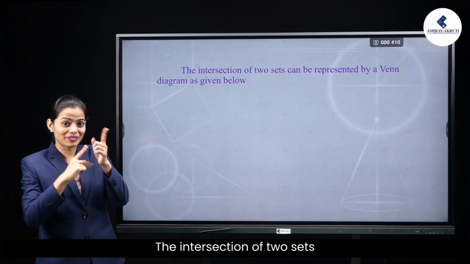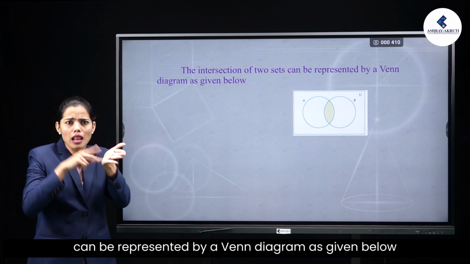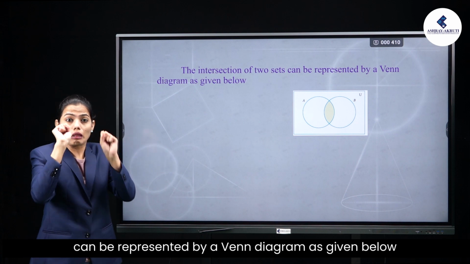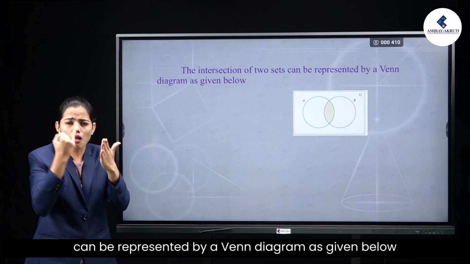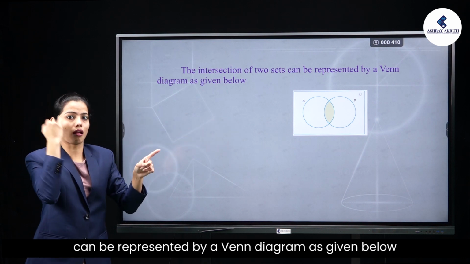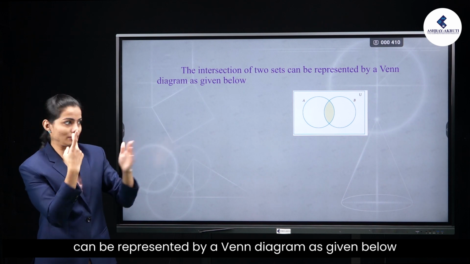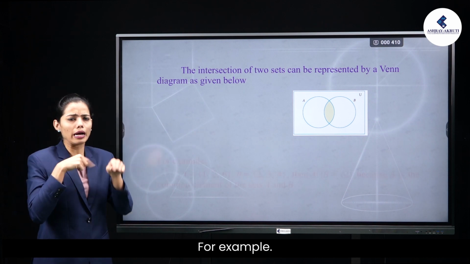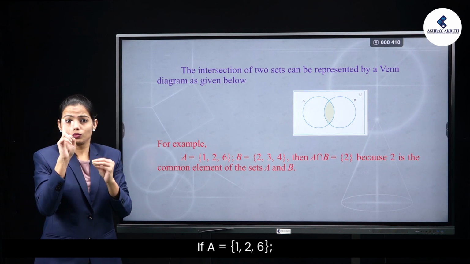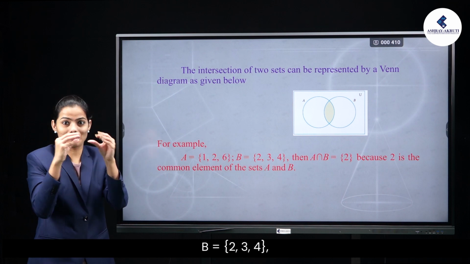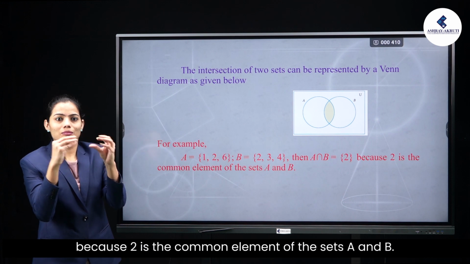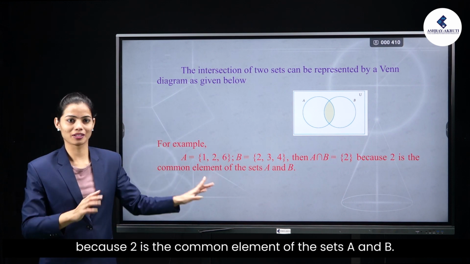The intersection of two sets can be represented by a Venn diagram as given below. For example, if A = {1, 2, 6} and B = {2, 3, 4}, then A intersection B = {2} because 2 is the common element of the sets A and B.